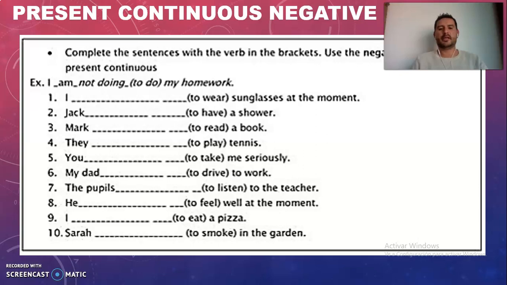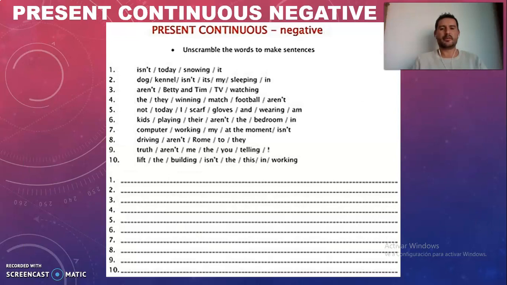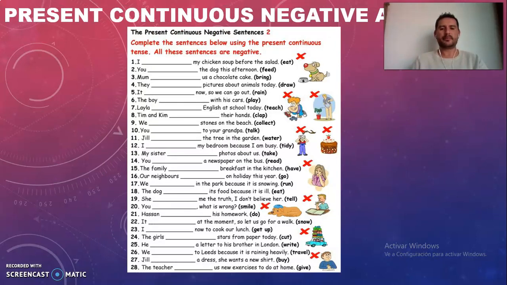After that, they have to practice using the vocabulary established by the teacher, creating negative sentences in present progressive or continuous. In this exercise, they can organize different sentences using the present continuous in negative way.